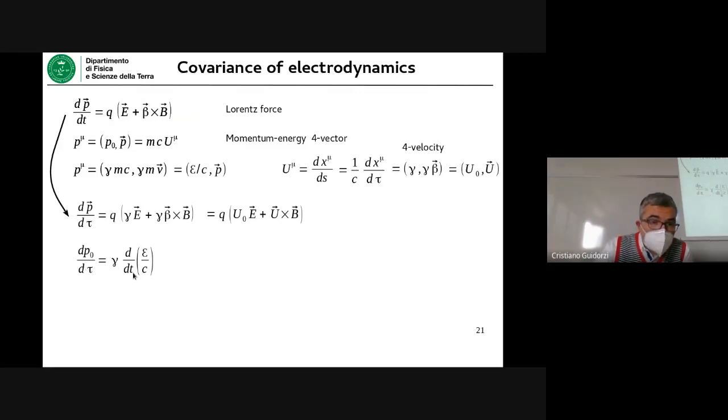Given that there's a denominator, over gamma means times gamma. Now, here we have the rate of change of energy of a given particle. But if you know the force acting on the particle, you know from the very first course of physics, that many of you did with myself, that the power acting on a particle can be expressed as the force scalar the velocity of the particle.